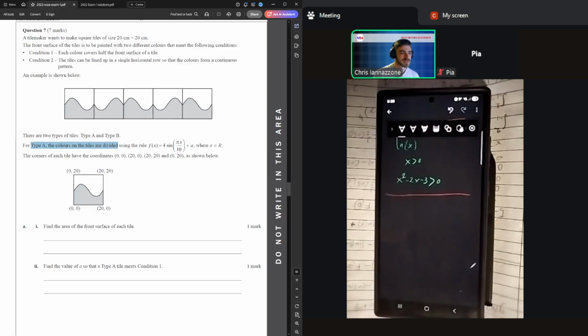I guess it's important to understand what this function actually tells you about the tile. It's telling you essentially about the line. It's the equation of this line that's dividing everything up.